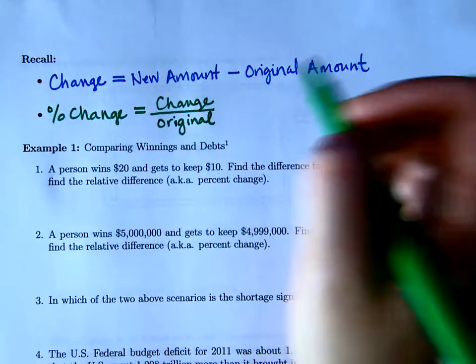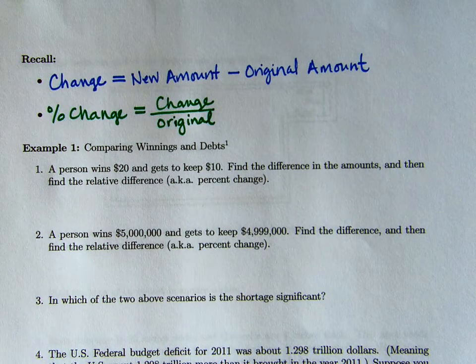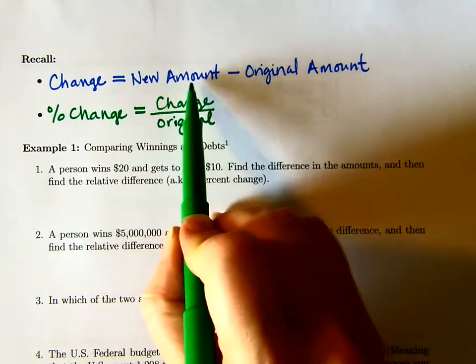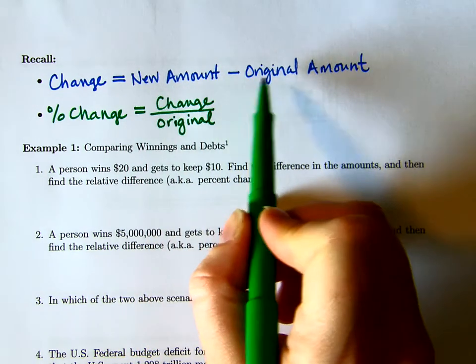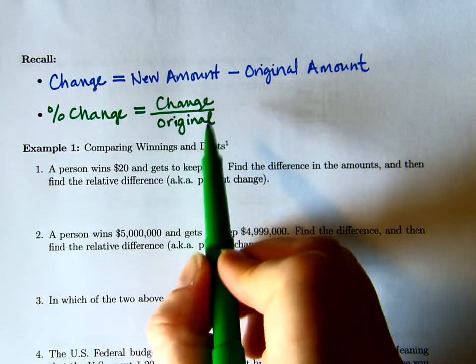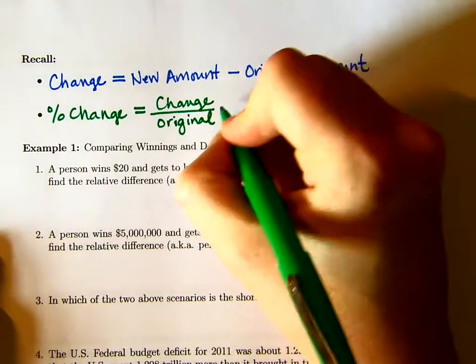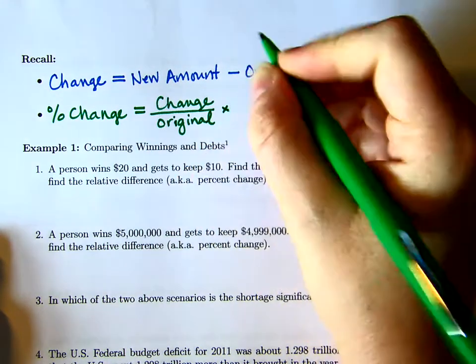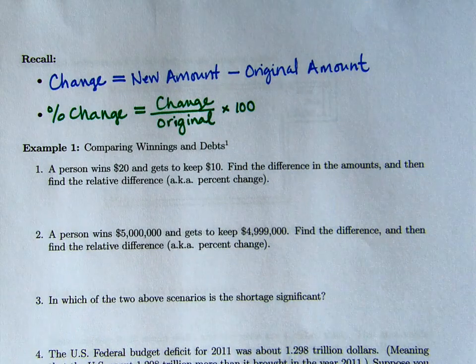So you would use new amount minus original amount to find the numerator, the difference, and then compare that to the original amount in order to get percent change. More often than not, this will give you a decimal, and we scale it up by 100 to turn it into a percent. Okay? All right, let's take a peek at this.